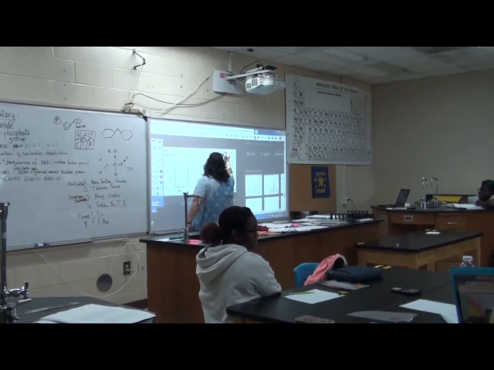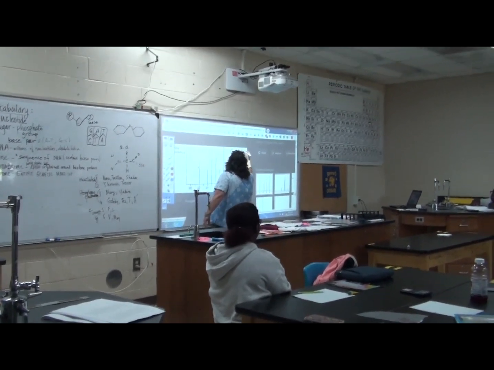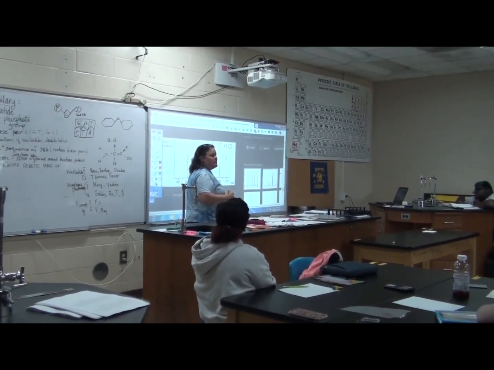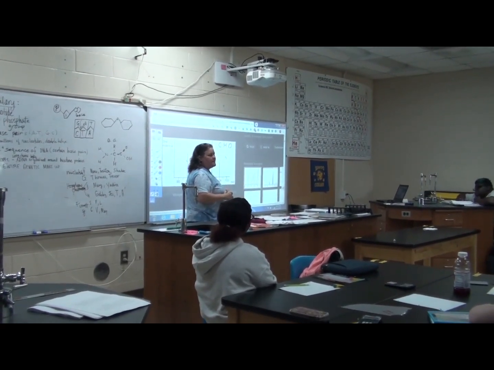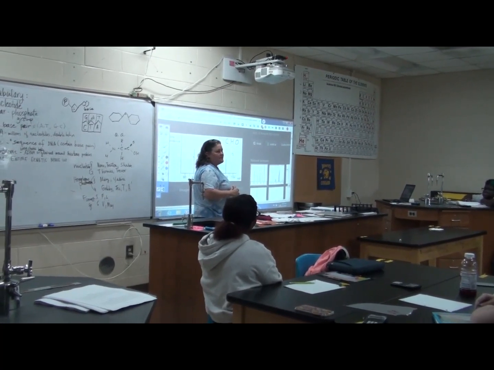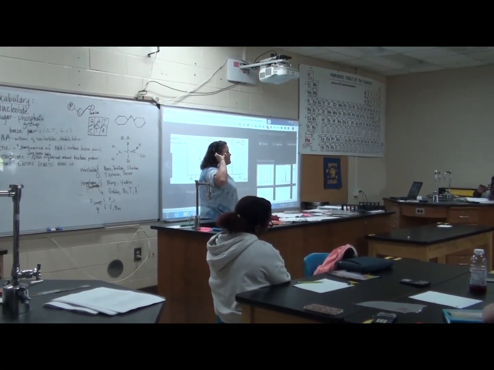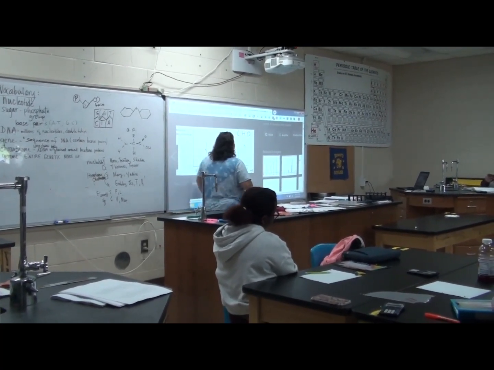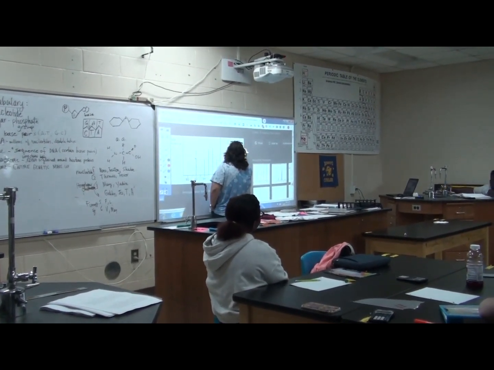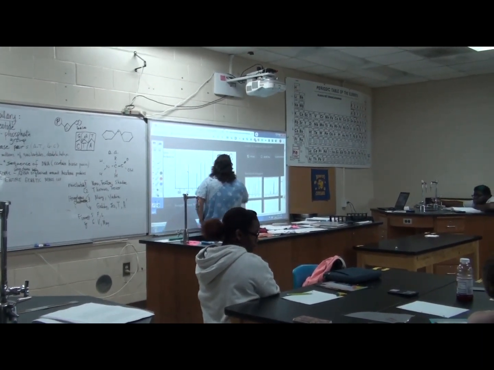What was the ultimate goal of getting the mass? Why did you want to get the mass? What are you usually going to do to mass? Convert grams to moles. And what do you ultimately want to use the mole ratios for?